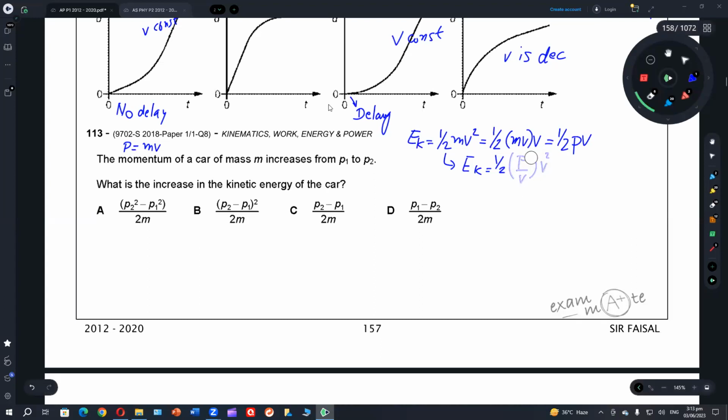No, I'm trying to make two equations, because in MCQ you always have to see the options, because in every option mass is there.